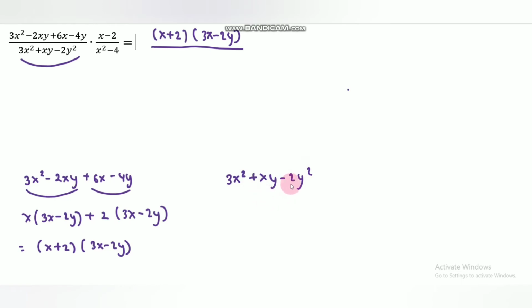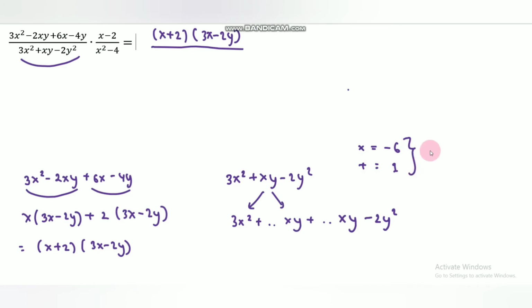I can split the middle term into 3x squared plus something xy plus something xy minus 2y squared, where those two somethings, if you multiply, have to give negative 6, and if you add, have to give 1. The combination that satisfies this is 3 and negative 2, right? So this is 3, this is negative 2.